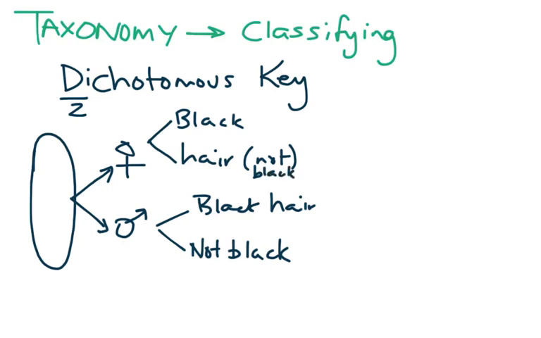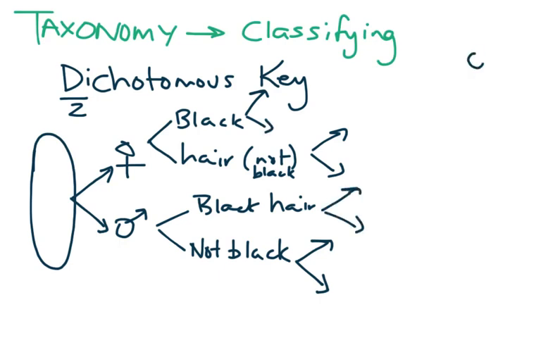And then you would split the not black hair in the males and the not black hair in the females, and the black hair in the females and the black hair in the male. And slowly but surely you get down until you get to one individual at the end of each arrow. Okay? And every time you split it into two. That's the branching method of a dichotomous key.